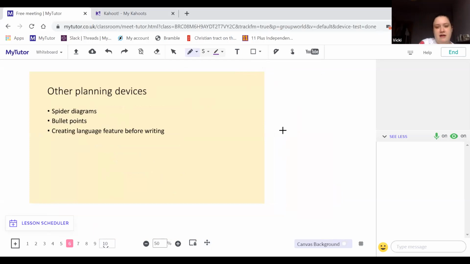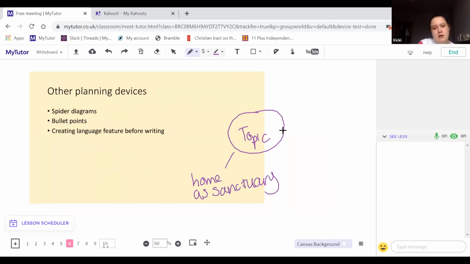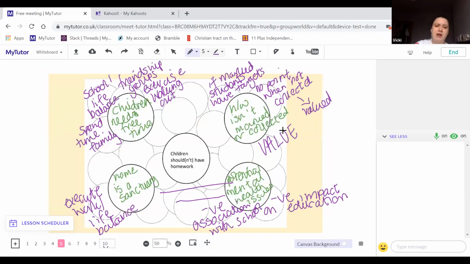But you could write your topic in there, and then have, right, okay, home as sanctuary. So that's going to be one of my main points. And then have a load of ideas coming off it like that. So that's a simpler way of doing it, but I think having a bubble sheet like that is really exciting, and works really nicely for you guys planning if I actually had you in a classroom. So coming up with something similar to that is really useful.